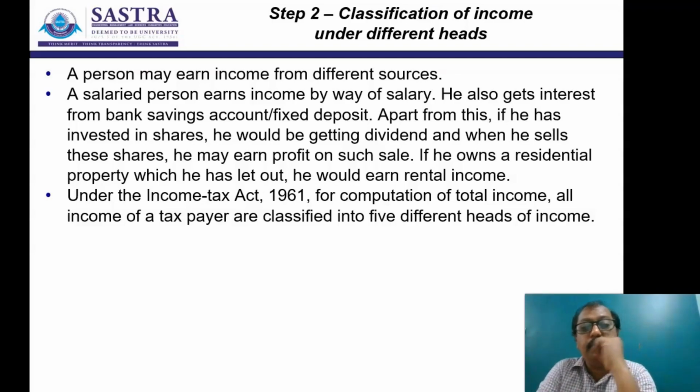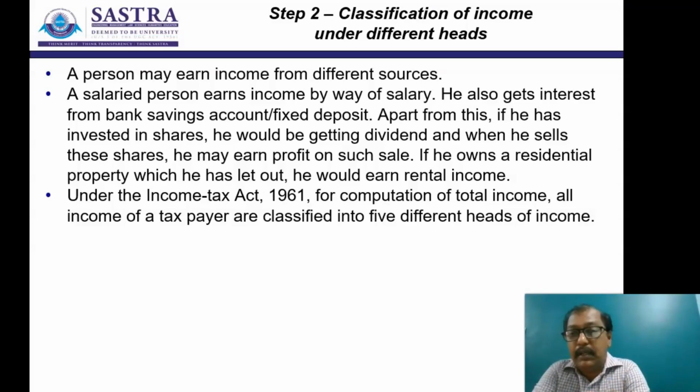A person may earn income from different sources. Sometimes the same individual can have multiple sources of income, but most of the time one single source is the source of income for an individual.